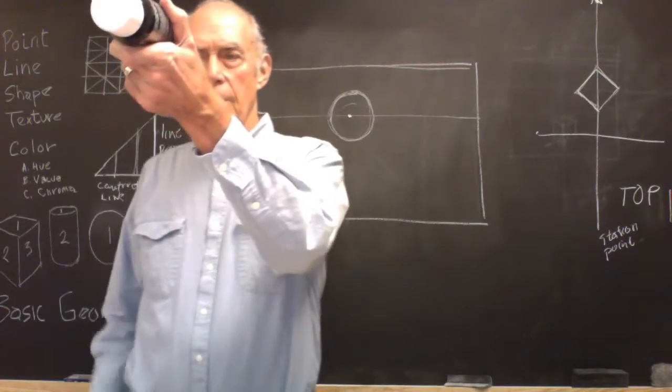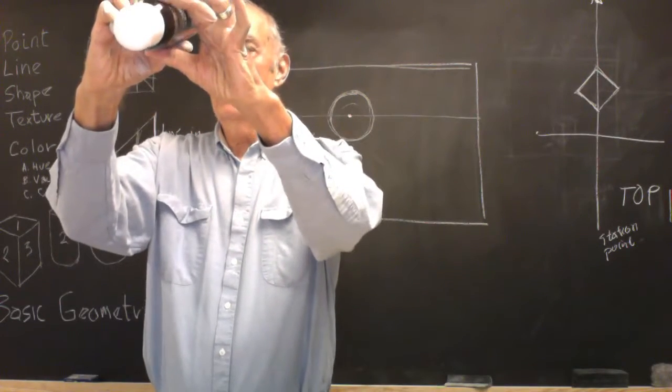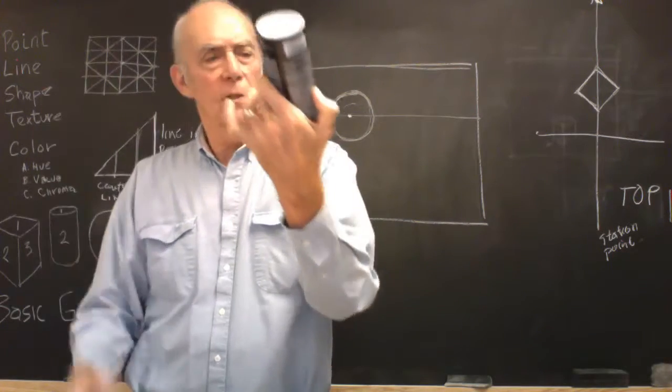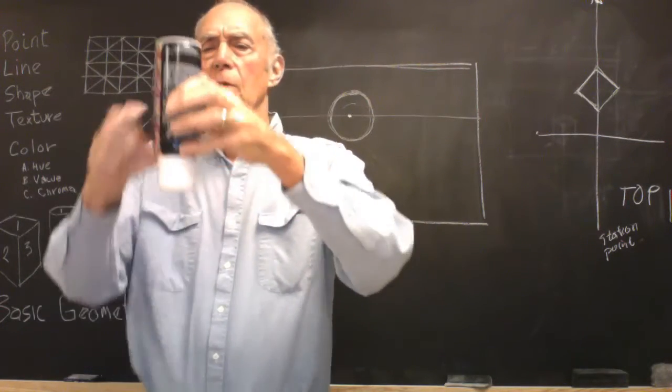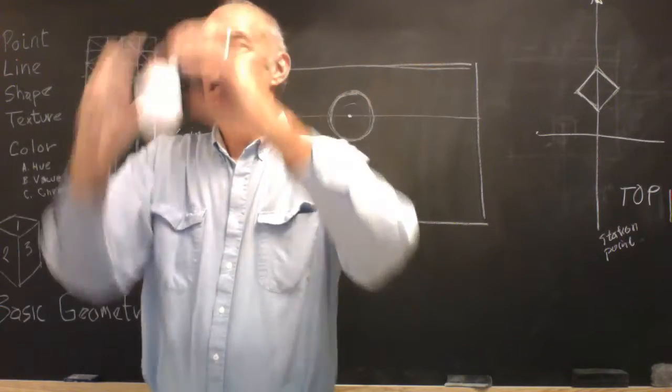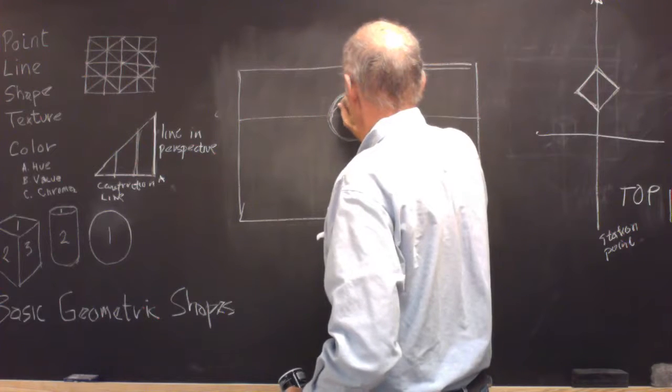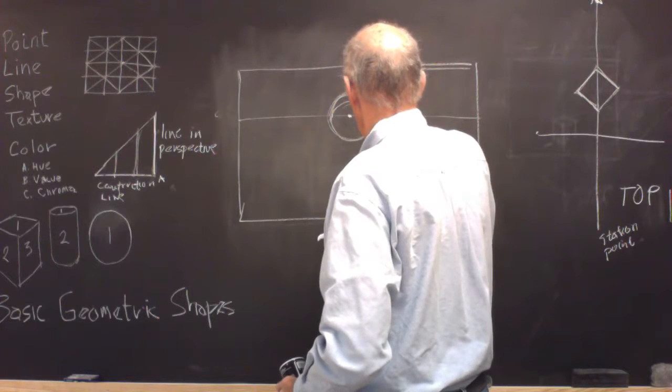Like this. Now, if I start rotating this, whatever this is, it's going to start making another shape. And this shape is called an ellipse.